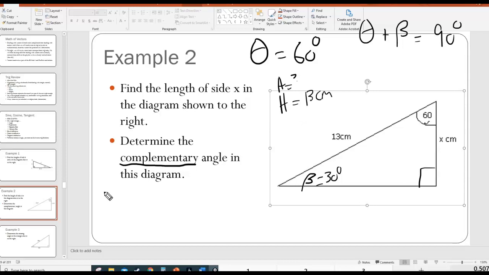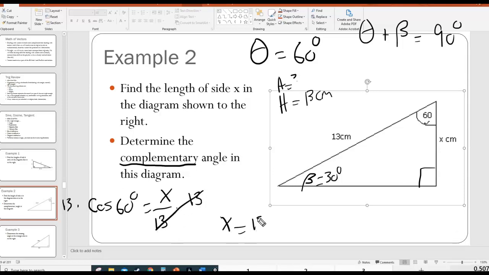Okay, so cosine is adjacent over hypotenuse. So cosine of 60 degrees is equal to adjacent, which is my x, divided by 13, which is my hypotenuse. To get x by itself, I would multiply both sides by 13.